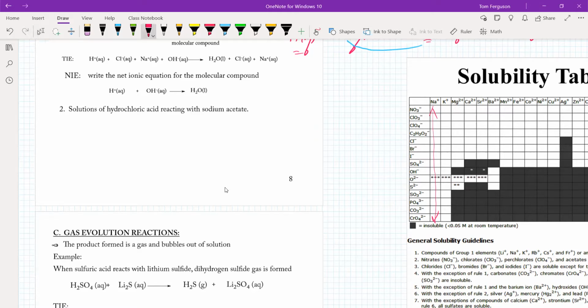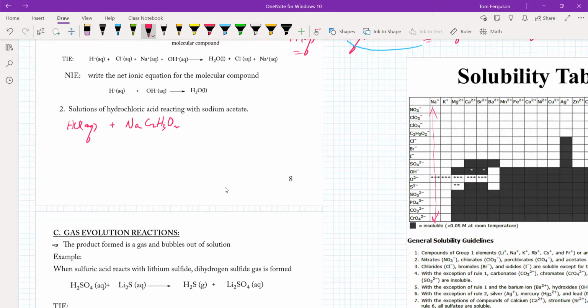Let's look at this other example here. And we have hydrochloric acid and sodium acetate.